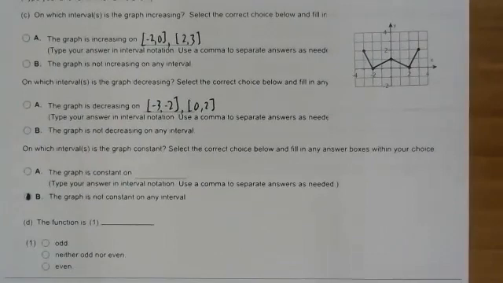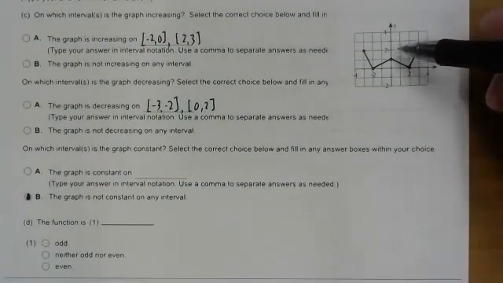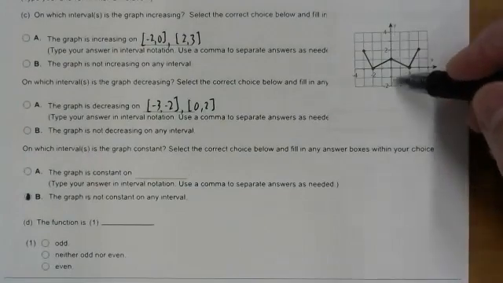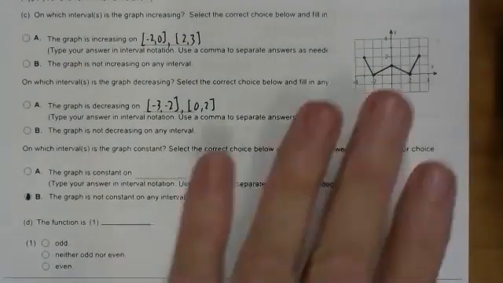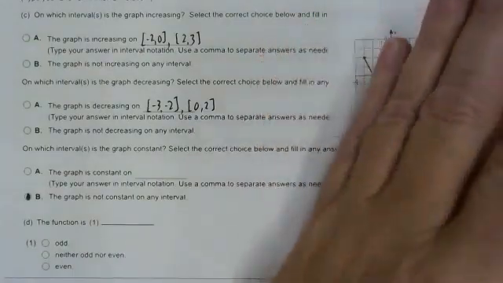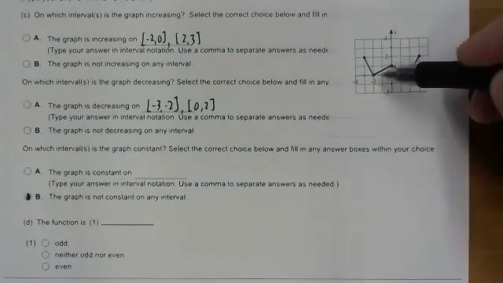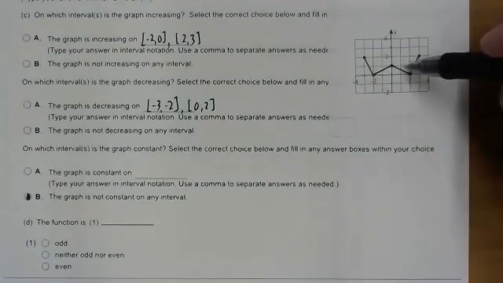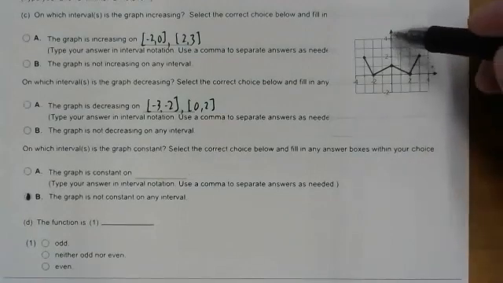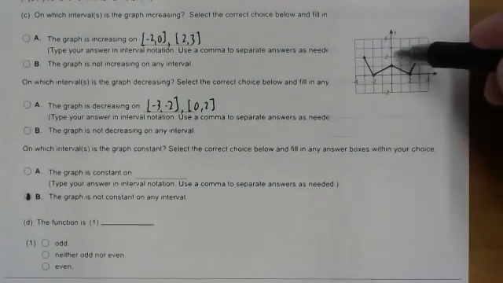Then, is the function odd, even, or neither? So this one, once again, if you think about the y-axis as a pivot, and you flip it, it looks the same. Another way to think of this is like a mirror image.